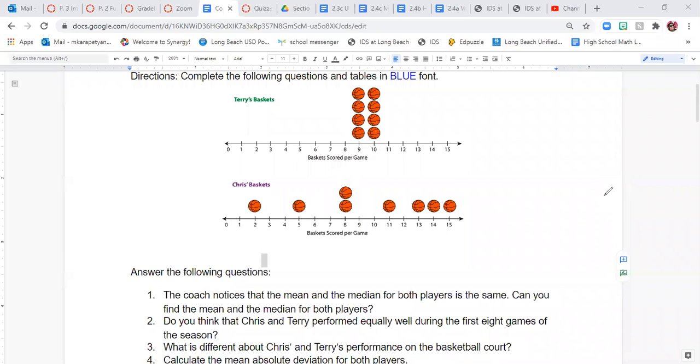All right, so most of us think that Chris has more spread in his data, right? So I want you guys to keep that in mind. Terry, we said, is more consistent, and Chris has a little bit more spread in his data. Keep that in mind when we find the mean absolute deviation.